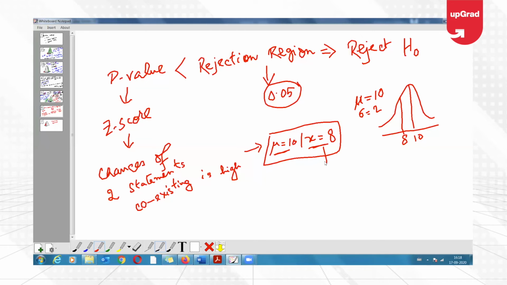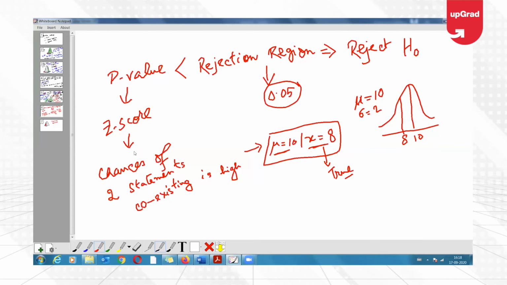Now this one I know is true because I have done it. What are the chances that the mean is 10 when I have picked up a random sample which is 8? That's what we want to find out.